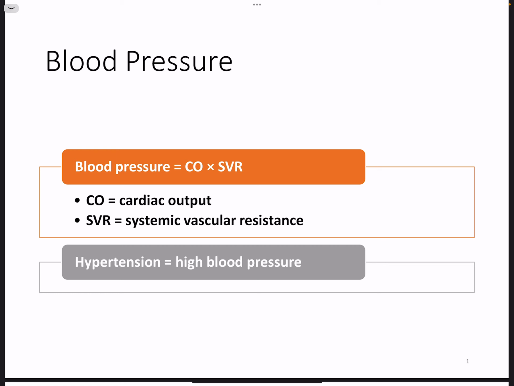Like most probably hypertensive patients, they suffer from diabetes mellitus, type 2 diabetes mellitus, and there is also possibility, as what you discussed with Dr. Fathi, hypercholesterolemia.